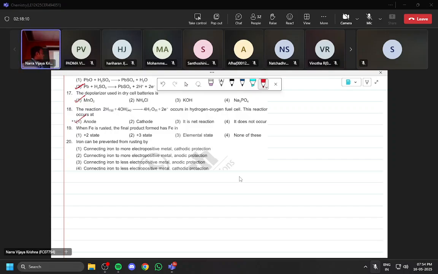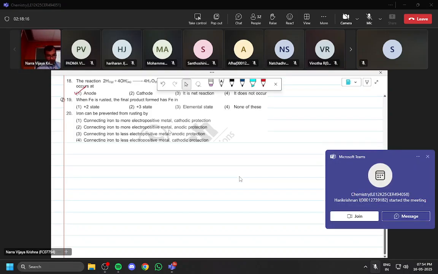When iron is rusted, the final product formed has... Iron can be prevented from rusting by connecting iron to a more electropositive metal. It is called cathodic protection. Is it cathodic protection or anodic protection?